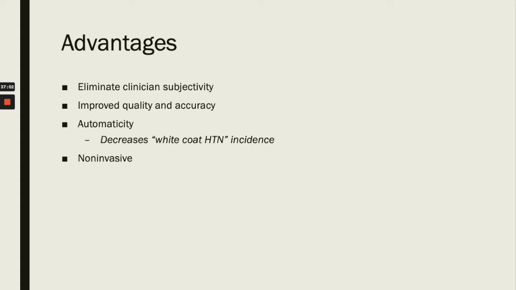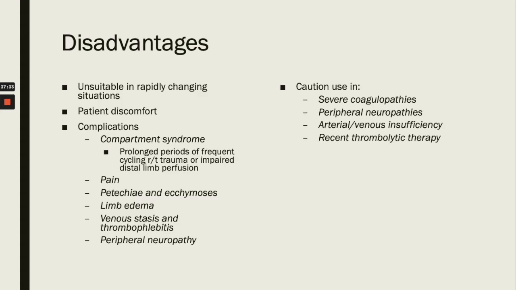Usually we don't see as much of that, when patients go into the doctor's office and their blood pressure is sky high, but I still see that sometimes initially when I'm starting an IV or when I'm initially talking to the patient, and then the subsequent blood pressures are a lot lower. So in certain studies it has shown that white coat hypertension has decreased as well. And it's non-invasive, so we don't have to poke or probe the patient in order to use these.